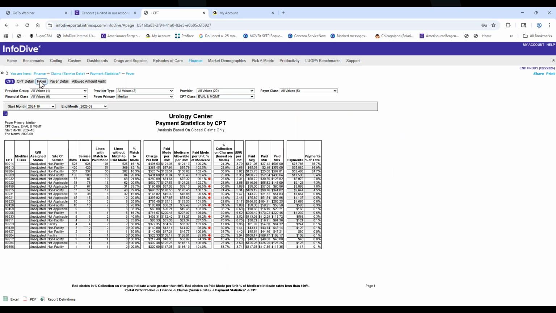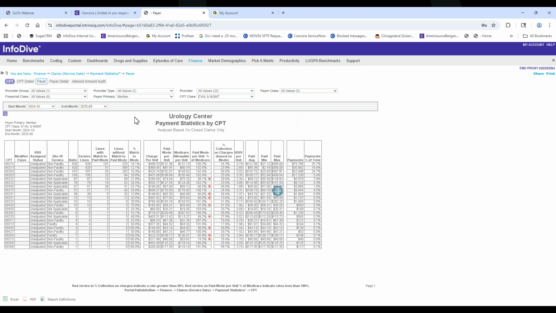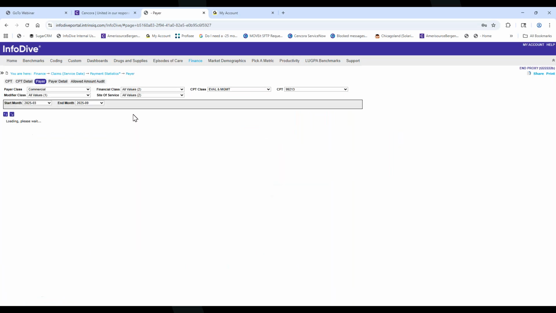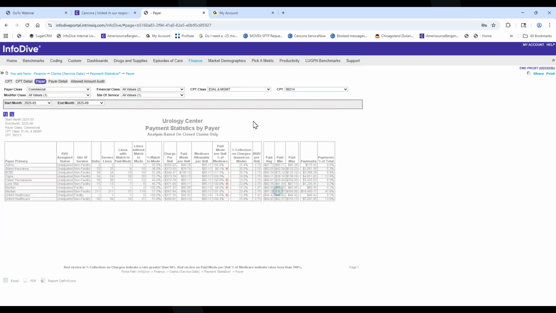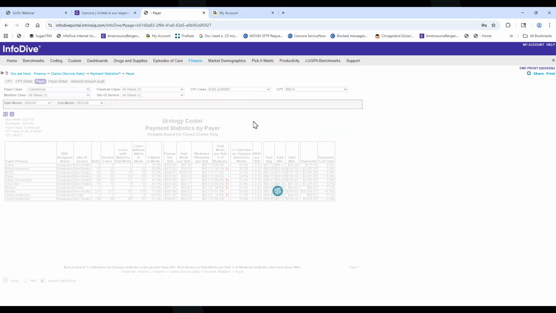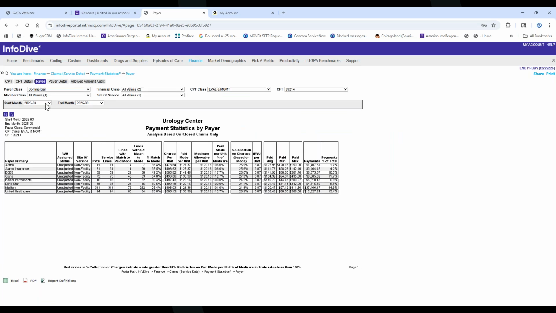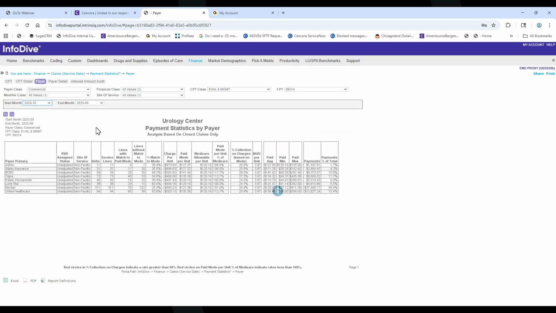If I come over to the payer report, now I'm looking at individual CPT codes, and I can see what every payer pays. I've filtered on commercial, and this is just going to default to a 99213. I'm going to switch it to 99214 because I think that's probably more commonly billed. Again, I like to keep things consistent, so I'm going to look at the recent 12 months.